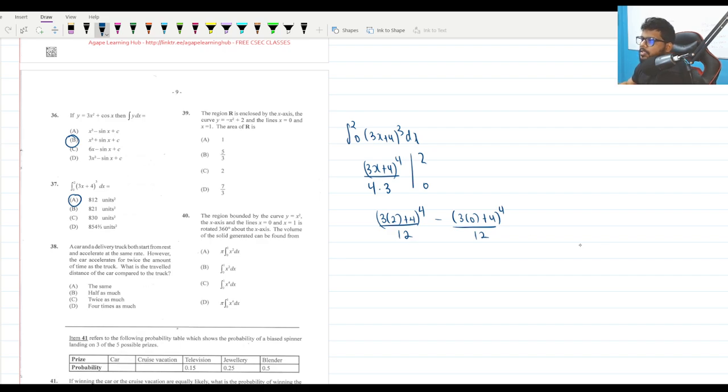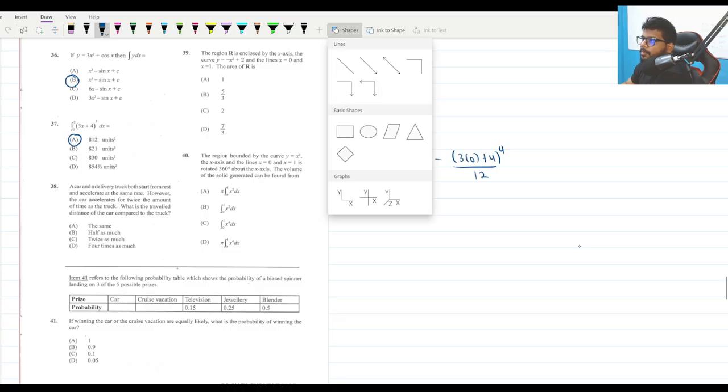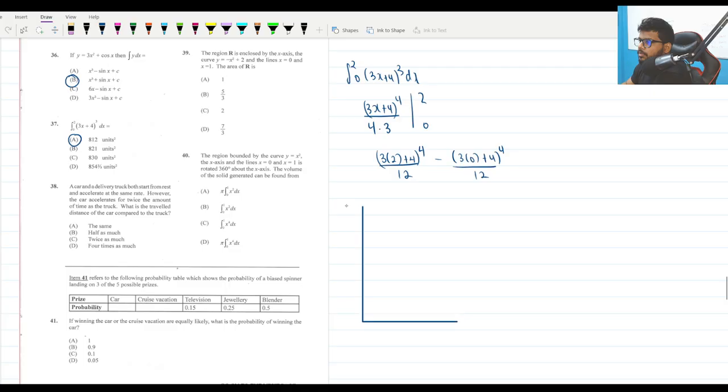An easy way to see this is by drawing the velocity-time graph for both vehicles. Both start from rest and accelerate at the same rate, so it accelerates until it reaches a time of t1 and a velocity that we call v1.